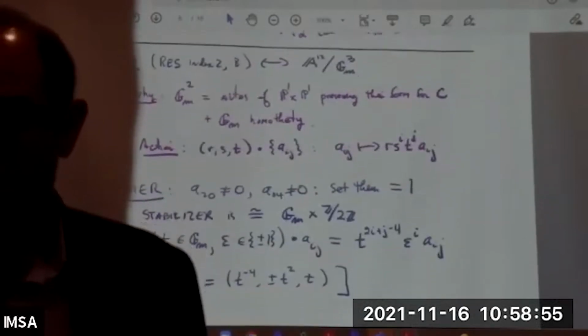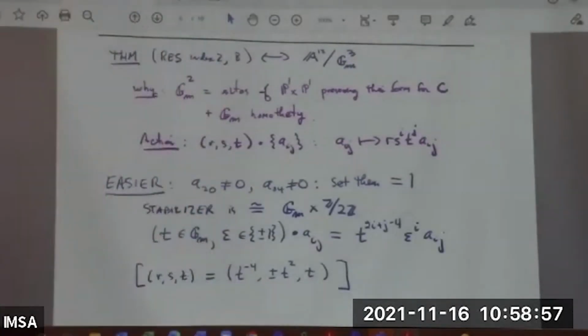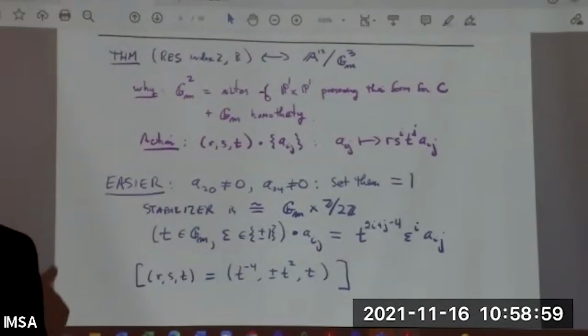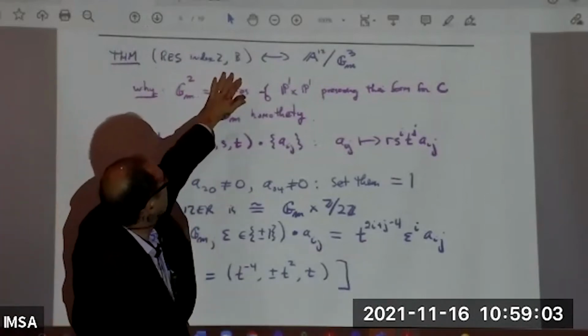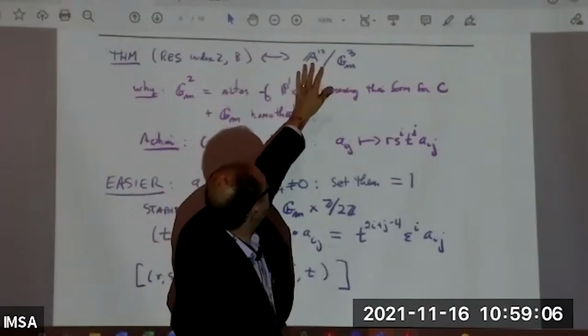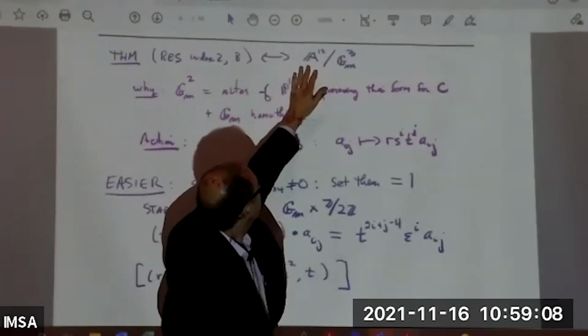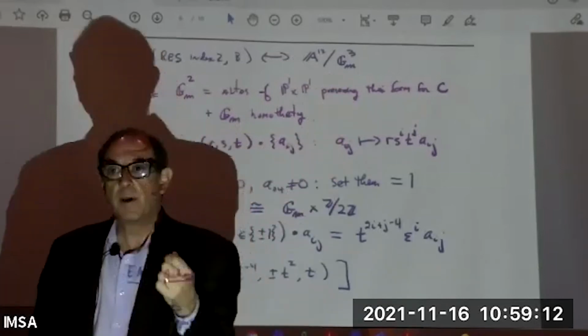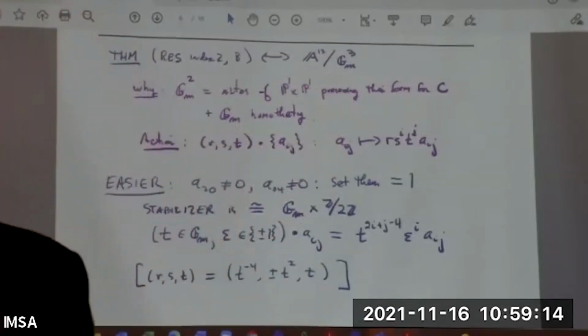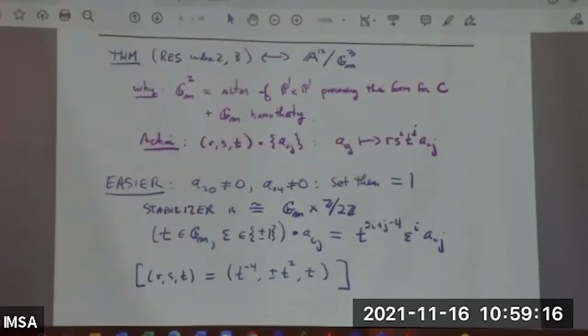So therefore, rational elliptic surfaces of index 2 with the marking of a bisection are in one-to-one correspondence with the 12 coefficients that are left modulo G_m cubed. It's three multiplicative groups that are left in the automorphism space.